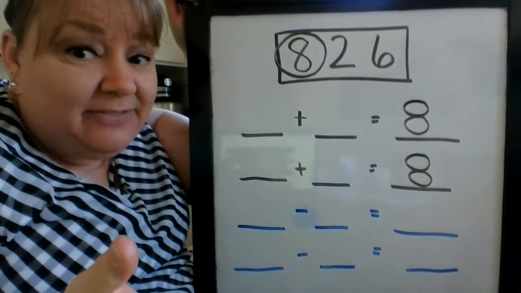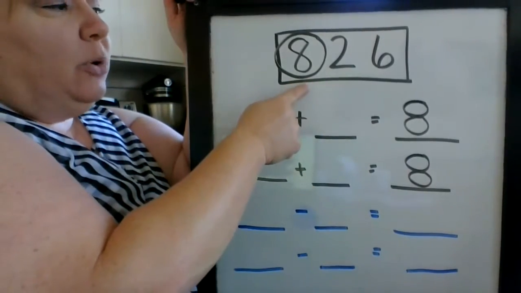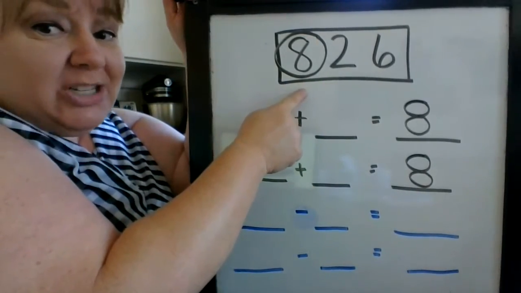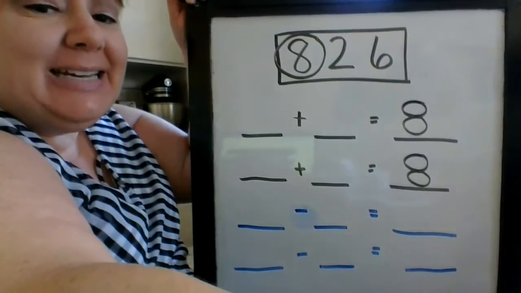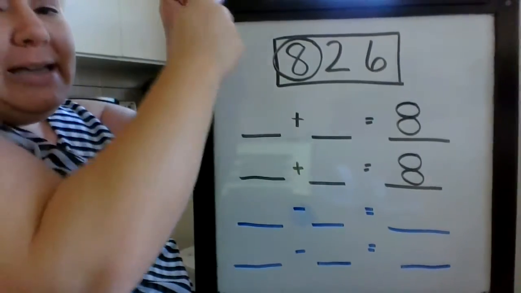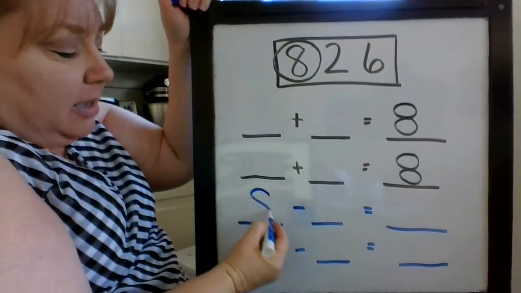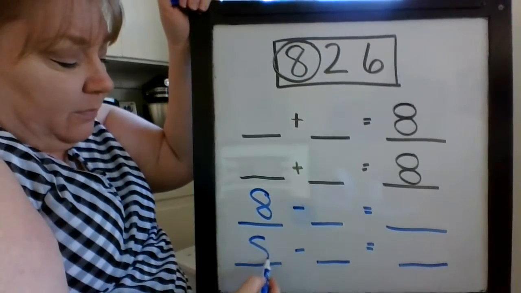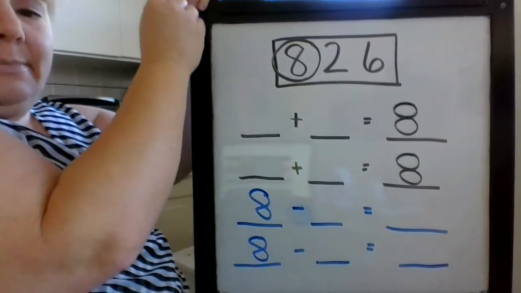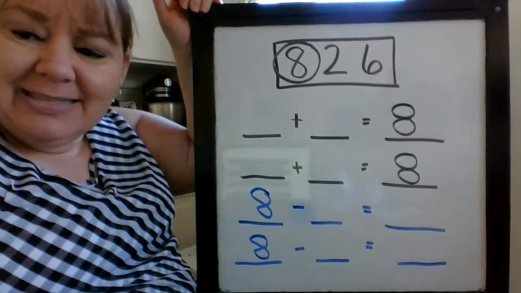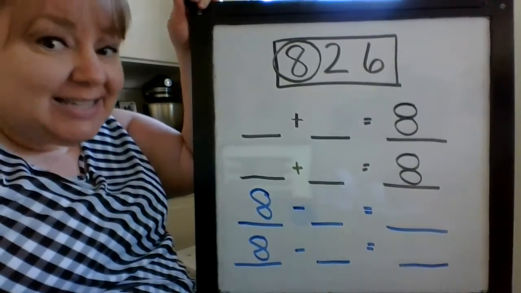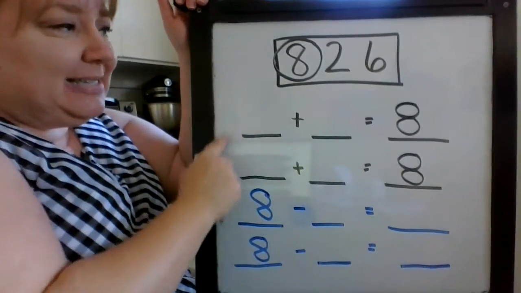I have to have enough to subtract from it. So I'm going to start with my whole enchilada, my biggest number. So all of my subtraction sentences are going to start with my biggest number. Great job, my friends.